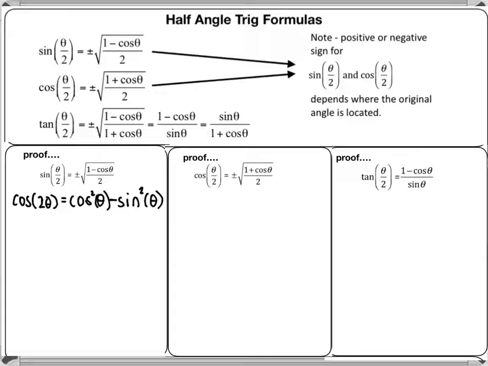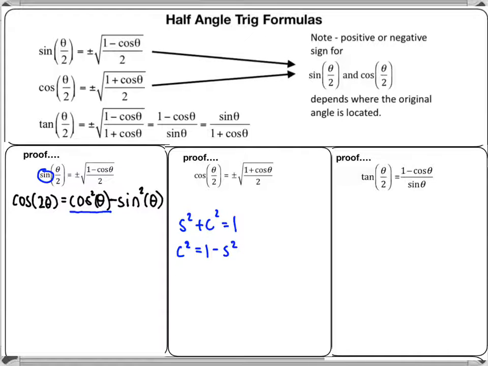The first thing I notice is that I want the half angle of sine, so I want to make this cosine right here. I'm going to use the Pythagorean identity. Cosine squared can equal, if I subtract sine squared from each side, 1 minus sine squared.